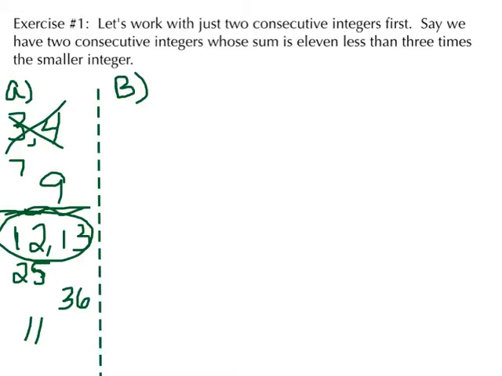Let's go to B and prove that. We're going to do that by setting up a couple let statements. We're going to let x equal our first number, or our first integer.